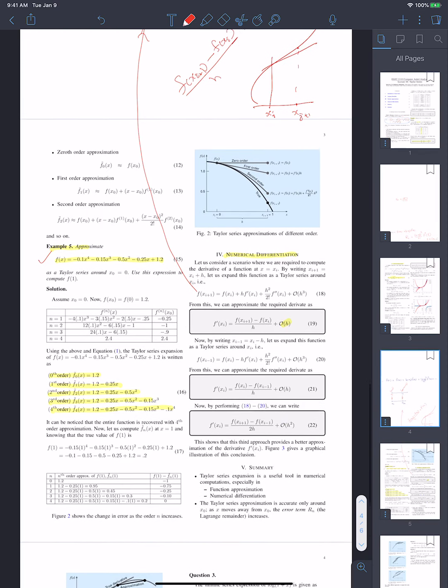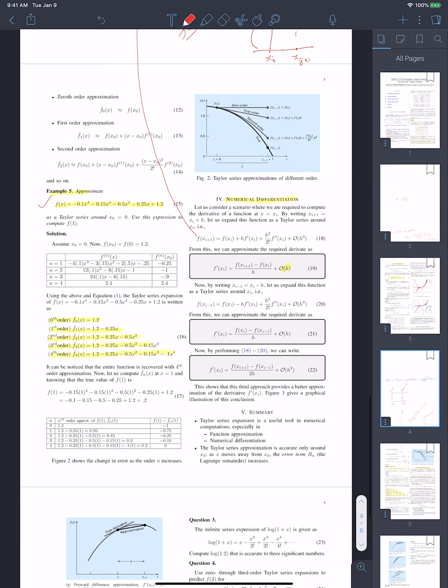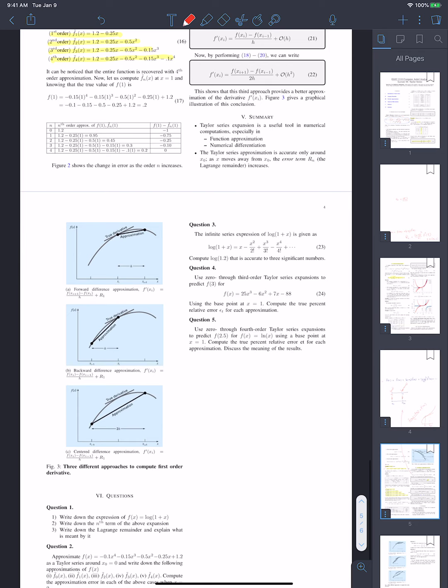We can write these x_i and x_(i+1) in different ways, and we can come up with different formulas for the derivative of a function. That is what's shown in equations 19, 21, and 22. That will result in 3 different types of approximation for the derivative of a function.